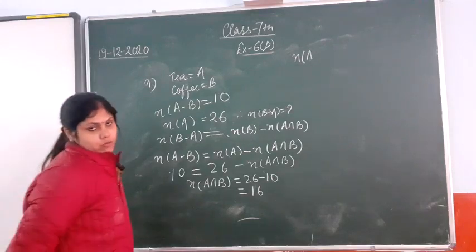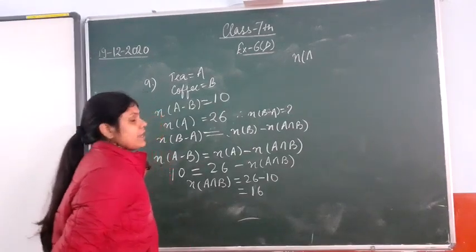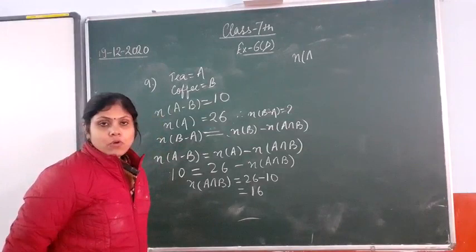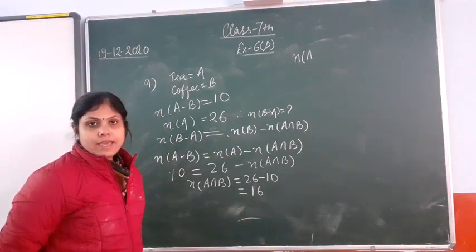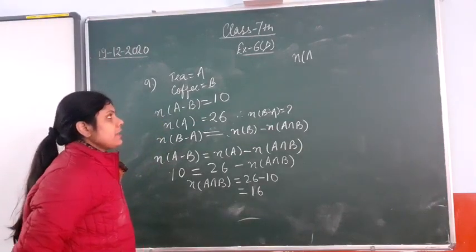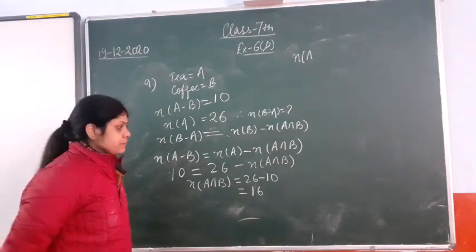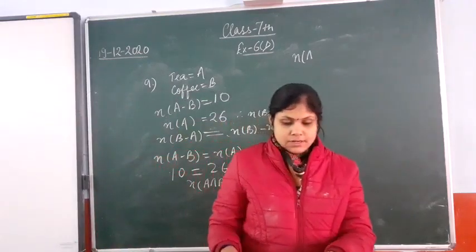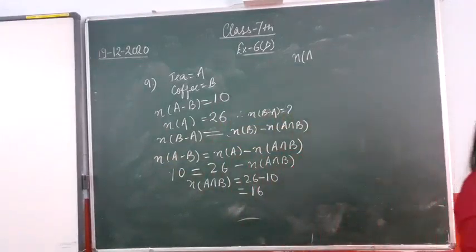And we have only three formulas. If we do n(A union B), what will that be? n(A) plus n(B) minus n(A intersection B), isn't it? So how will we do this question? Do till here, then we will move further. Do it fast.